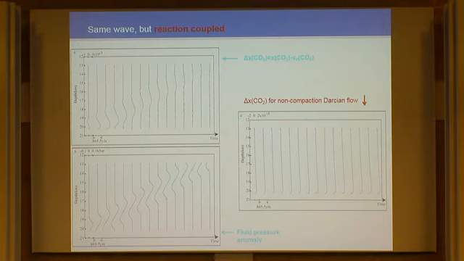In this case, because the increased pressure suppresses the reaction, this XCO2 profile becomes asymmetric, because along this direction there's also temperature change. But you can still see the effect of pressure on XCO2.